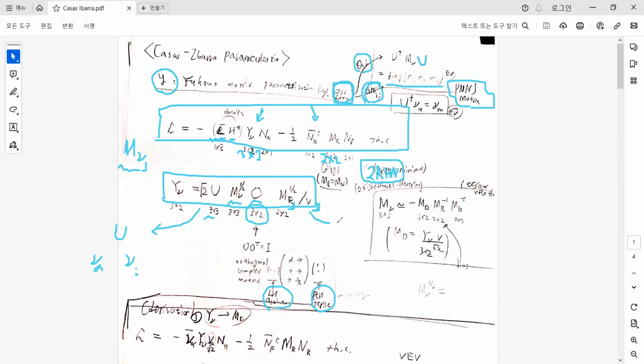Also, it can satisfy the seesaw mechanism relation: the active neutrino mass is determined by the Dirac mass matrix squared in the numerator and the Majorana mass matrix in the denominator. Also, the matrix multiplications are all consistent. That is the relation.